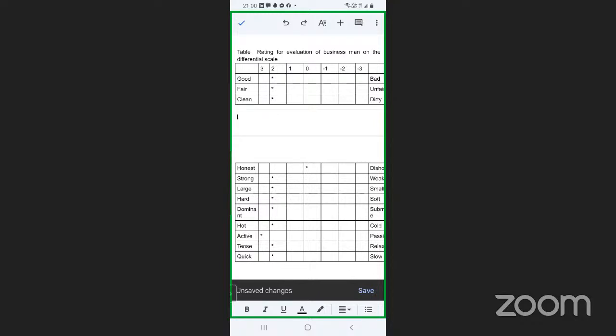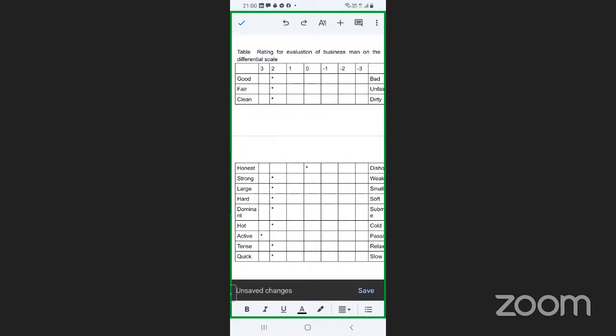You will assign the score 0. And if you think they are good, you can assign the score 2. And if you think that the businessman is very bad, then your assignment will be -3.